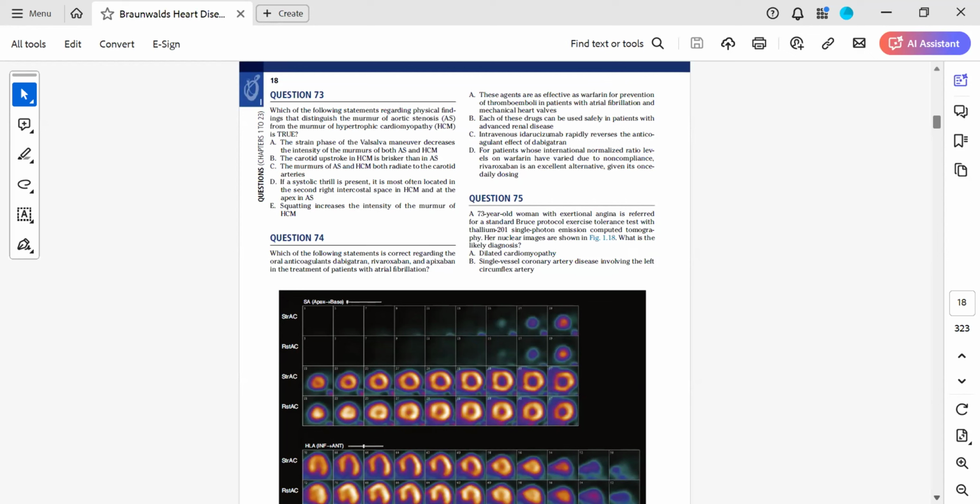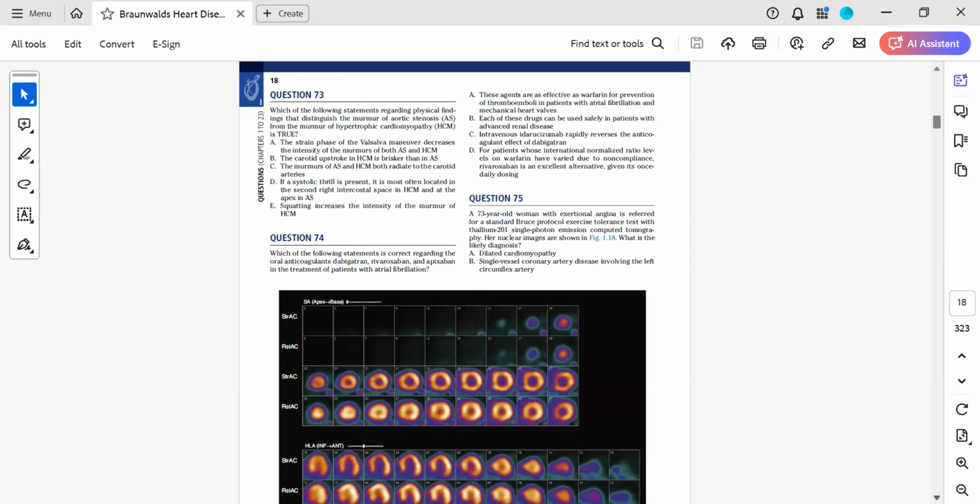Maneuvers that reduce LV filling, e.g. strain phase of Valsalva maneuver or standing from a squatting position, decrease the intensity of the AS murmur. But in HCM, the decreased intraventricular volume causes LV dynamic outflow obstruction to intensify, and the murmur of HCM becomes louder. The murmur of HCM diminishes in intensity with maneuvers that augment left ventricular filling, such as sudden squatting from the standing position.